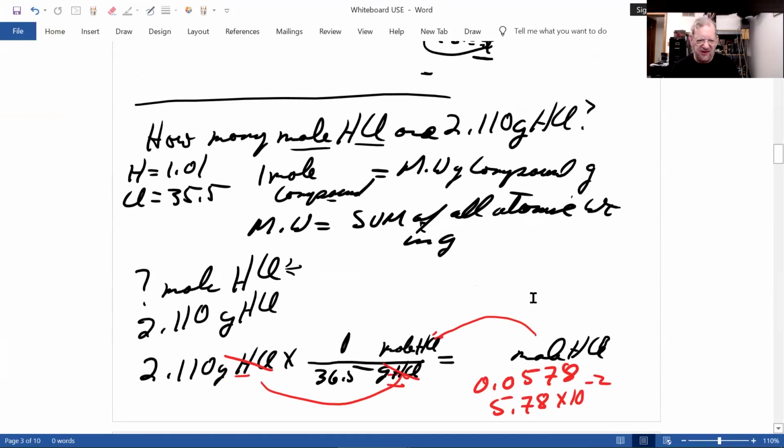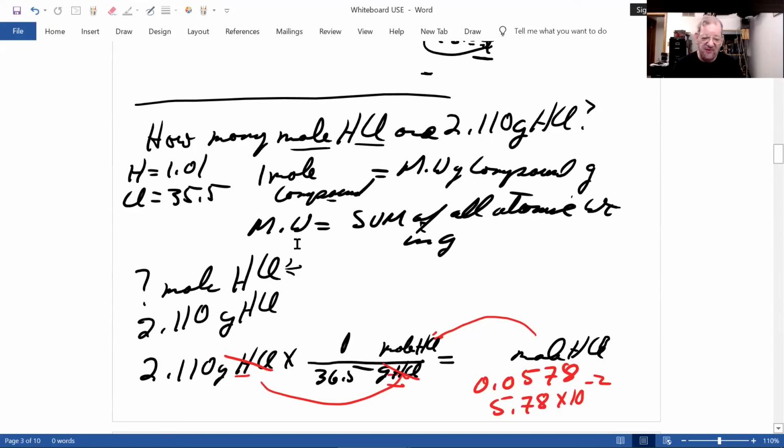Let's go through this again. We're trying to find how many moles of HCl are in 2.110 grams of HCl. The first thing you do is ask, what are you being asked to find? Moles of HCl. What are you given? The grams of HCl. Now, in test number 1, it's number 2, you'll be given that 1 mole of a compound equals the molecular weight in grams of a compound.